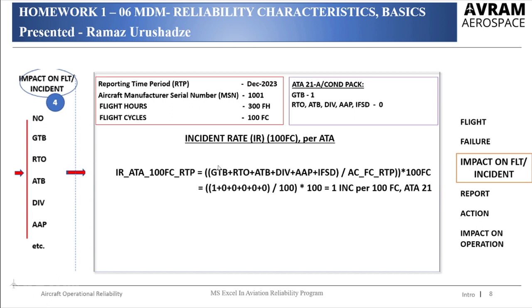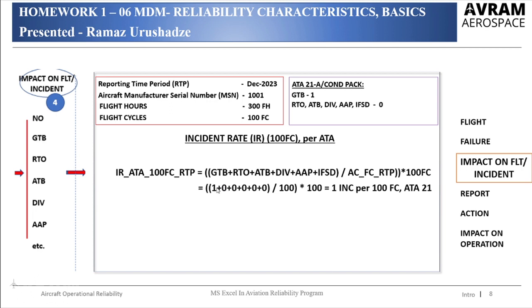In numerator, we have sum of ground turnback, rejected takeoff, air turnback, diversions, aborted approach, in-flight shutdowns, etc. As I already mentioned, depends on your business operation model requirements. In denominator, we have aircraft flight cycles per RTP, and multiply it by 100 flight cycles.